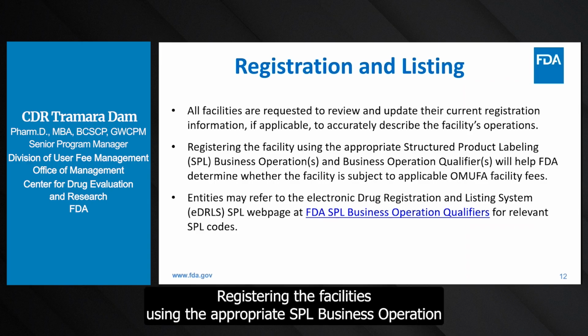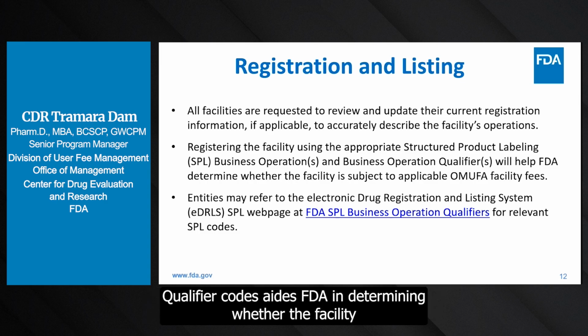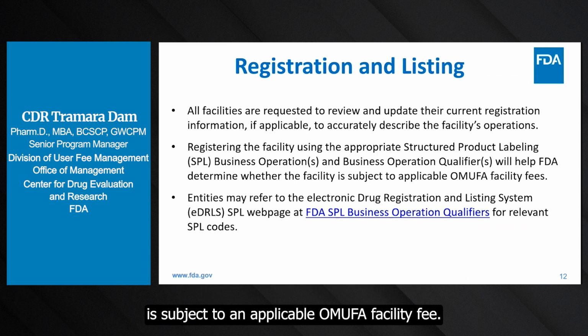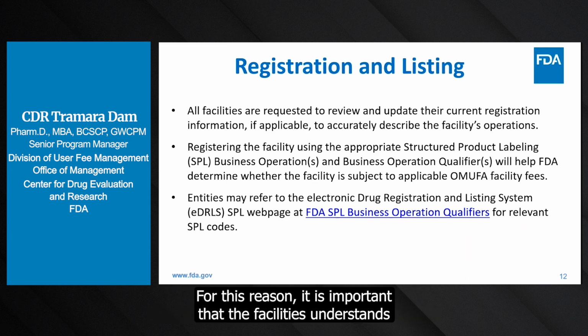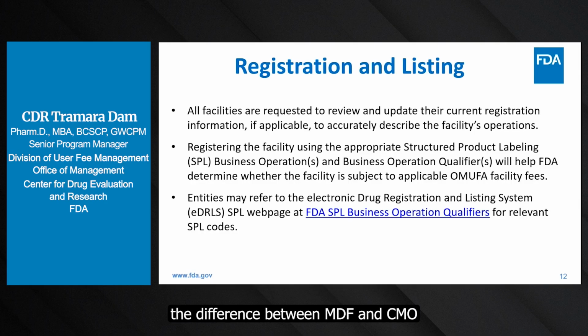Registering the facilities using the appropriate SPL Business Operation Qualifier Codes aids FDA in determining whether the facility is subject to an applicable OMUFA facility fee. For this reason, it is important that the facility understands the difference between MDF and CMO when registering with FDA.